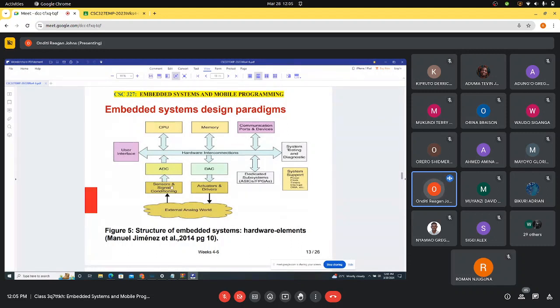The sensors and the signal conditioning, these ones are analog, but they have to be converted into digital. And actuators and drivers are also analog. But the output here is digital, so it has to be converted back to analog for it to be consumed by the end devices.